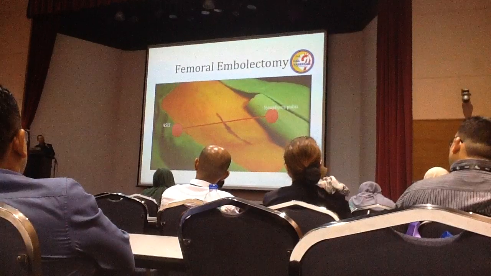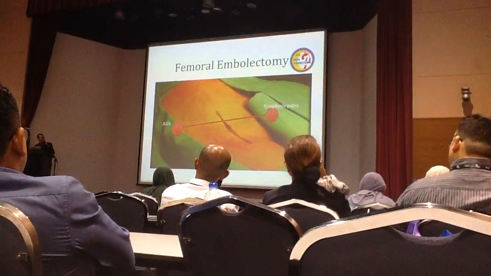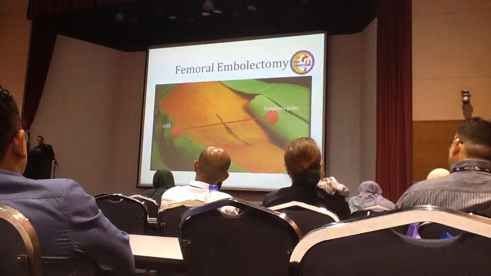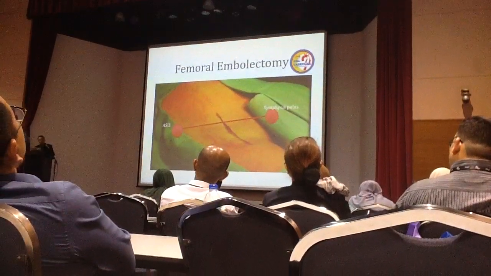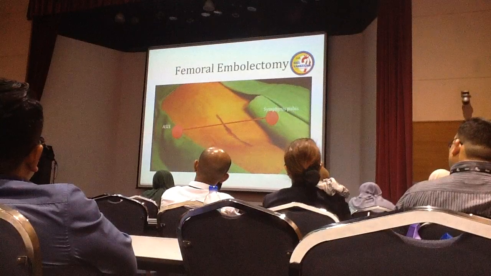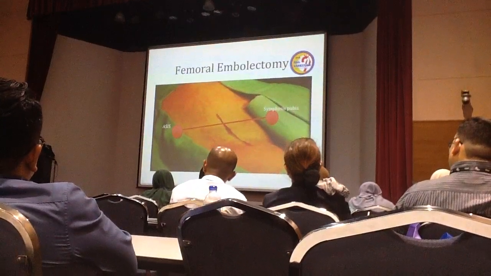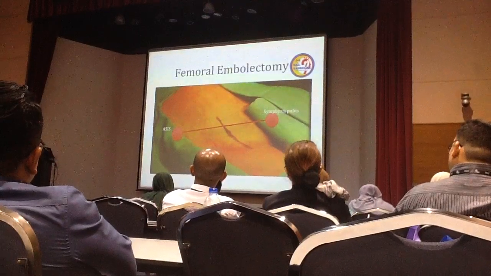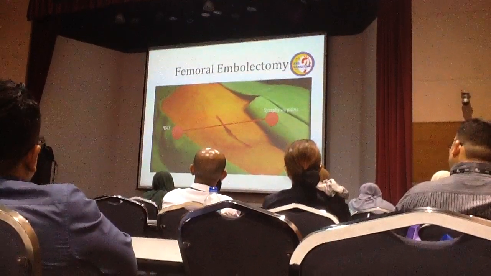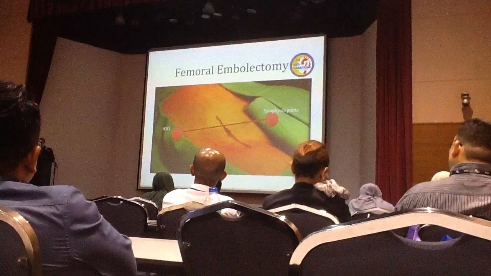A few papers have actually come out showing that this is true only in 15 to 30% of cases, right? So it's a new finding. The rest actually lie about 1 to 1.5 cm either lateral or medial to this line, right?